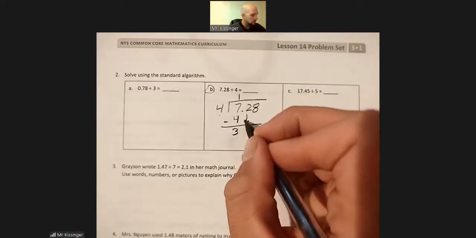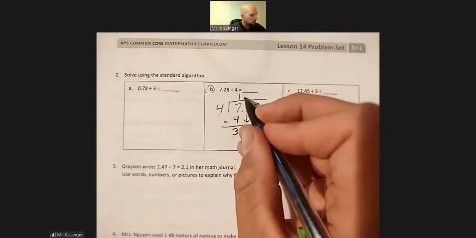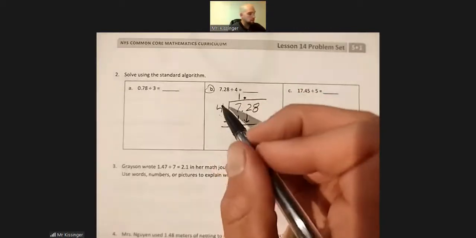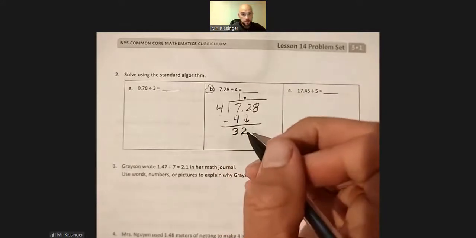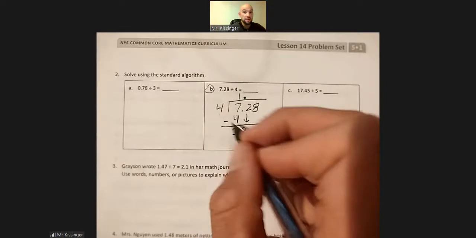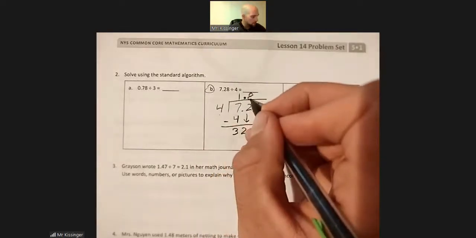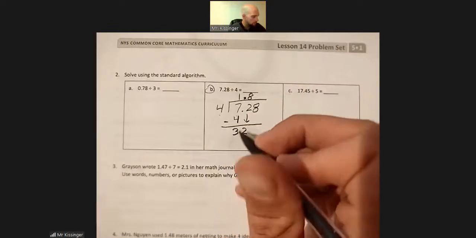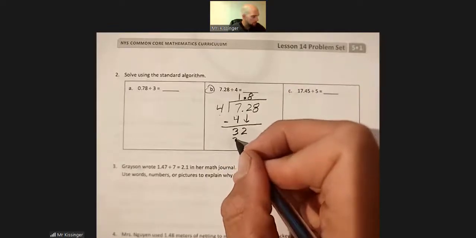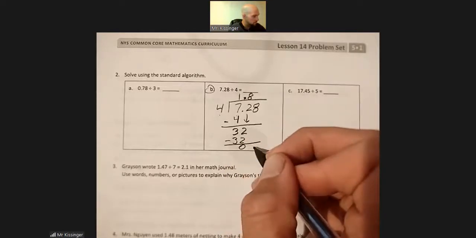We need to bring down our 2. We'll put our decimal point right here. 4 goes into 32 8 times. 32 divided by 4 is 8. So we'll put 8 up here. And then we subtract 32. 0.